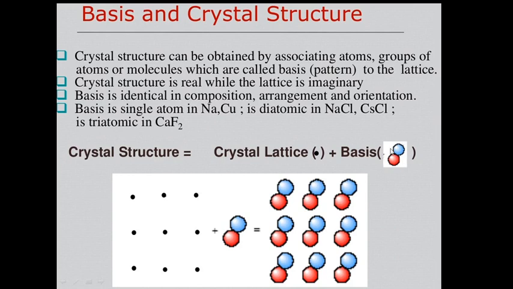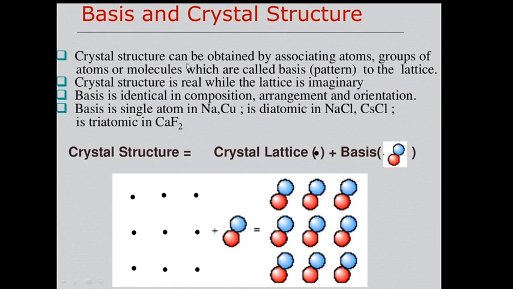Over there you are placing a molecule or group of atoms. So wherever I have a dot, I am placing this pair of atoms or molecules. So this is my crystal structure, a periodic repetition along the x-axis, a periodic repetition along the y-axis, and in the same way in depth, the third dimension, you will find the same.